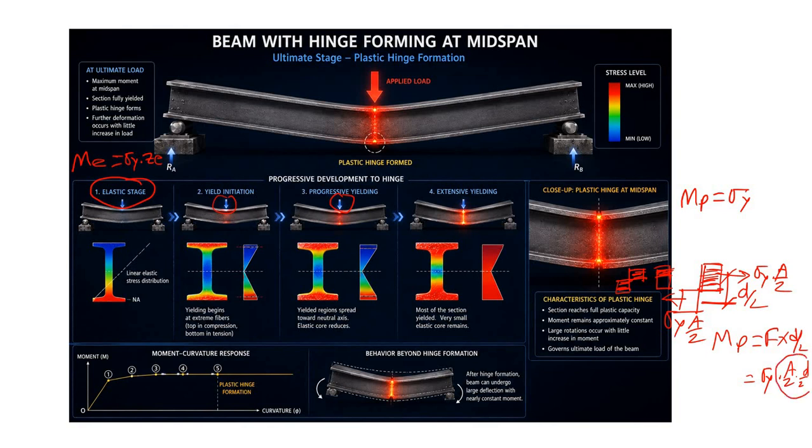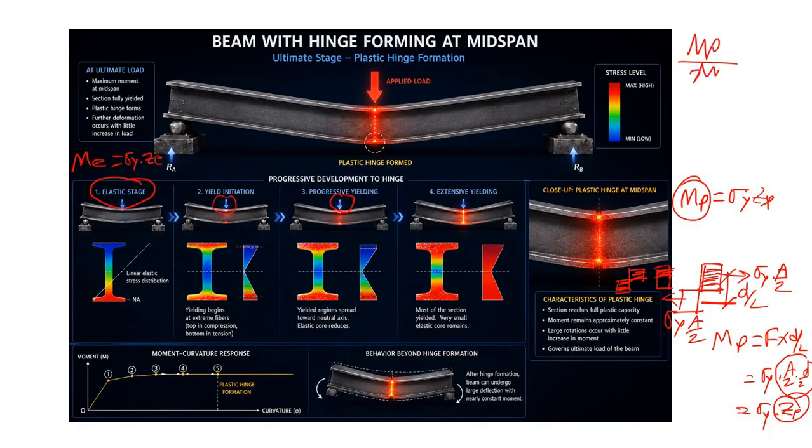This whole term is known as your plastic section modulus, ZP. So ME was sigma y ZE, MP is sigma y times ZP. So definitely the value of MP is much higher.